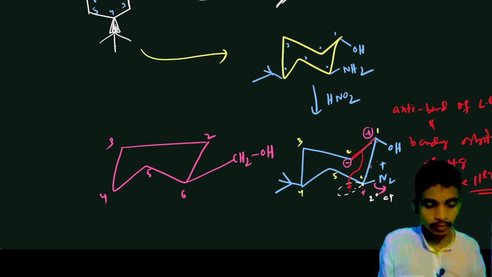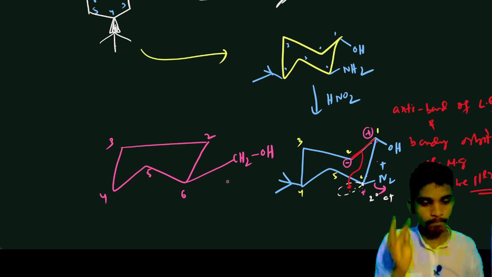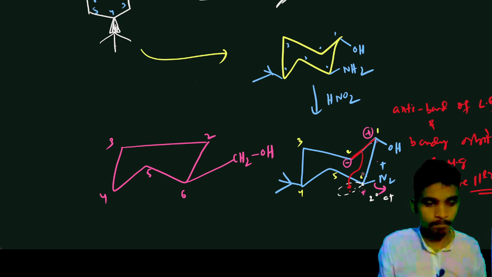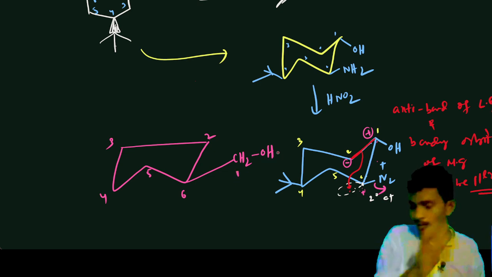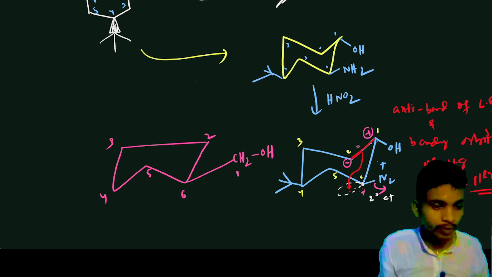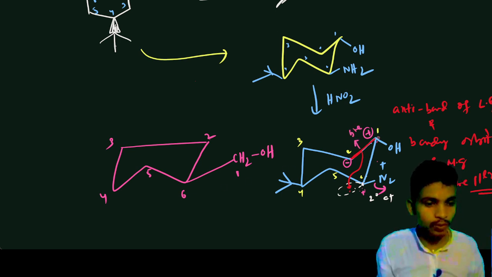Yes, anything wrong? Okay, so not break. So this will make bonds, and this is going to break. Okay, so this 2, 1 bond has broken, so that's why no bond is there here, and at 6 and 1, this one is going to get a positive charge, so make it a positive charge.